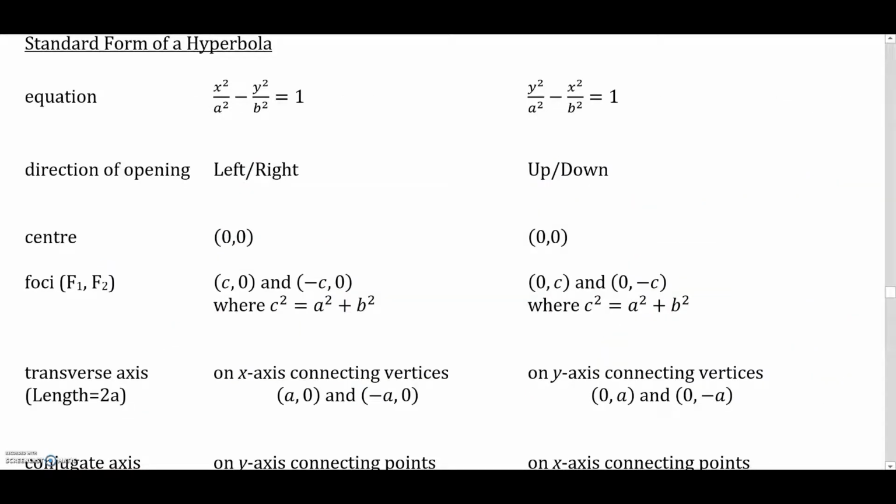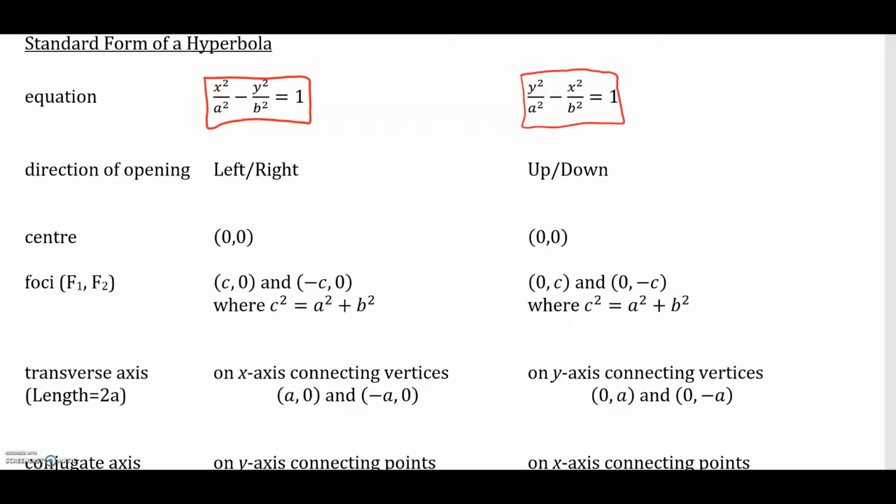The standard form of the hyperbola with a center at 0, 0 is x squared divided by a squared minus y squared over b squared is equal to 1, or y squared over a squared minus x squared over b squared is equal to 1.